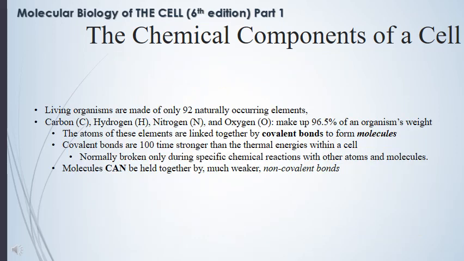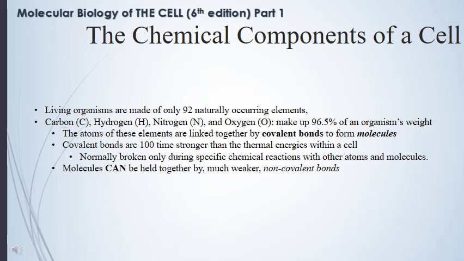So the living organisms are made of only 92 naturally occurring elements, with carbon, hydrogen, nitrogen, and oxygen making up over 96% of all of the organic weight. The atoms in biological systems are generally held together by covalent bonds to form molecules.